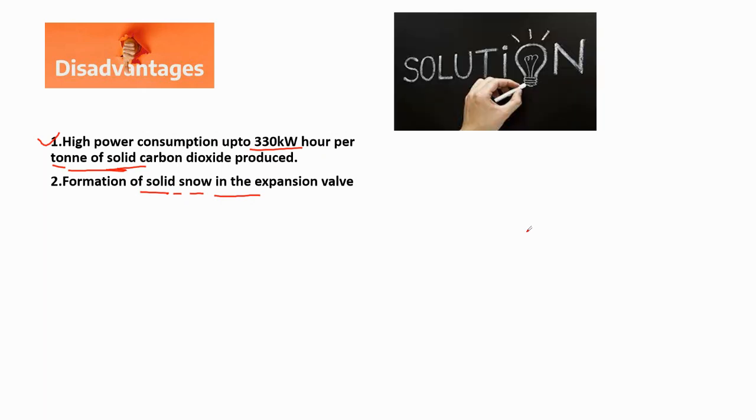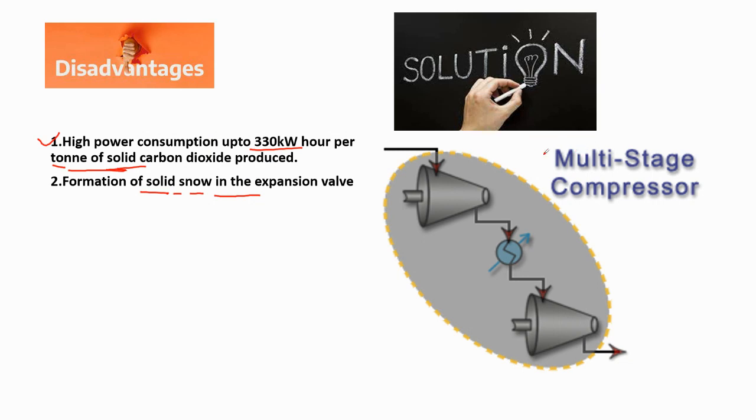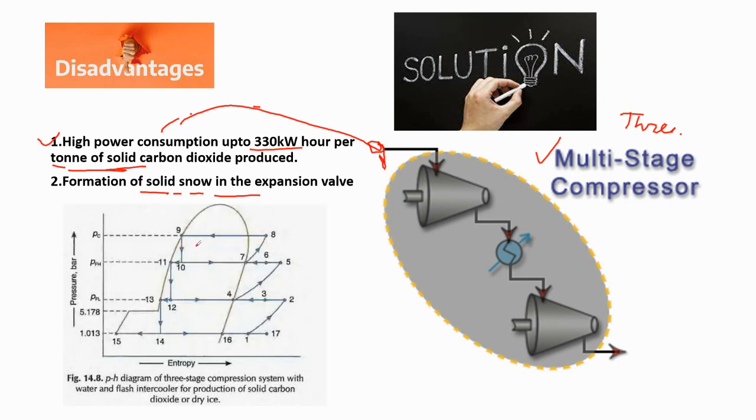How can we overcome these disadvantages? The first solution is multi-stage compression. You can reduce the high power consumption by using multi-stage compression, and mainly three-stage compression is used. To reduce the second disadvantage, you can use partial expansion.